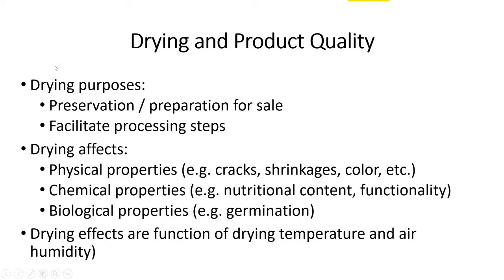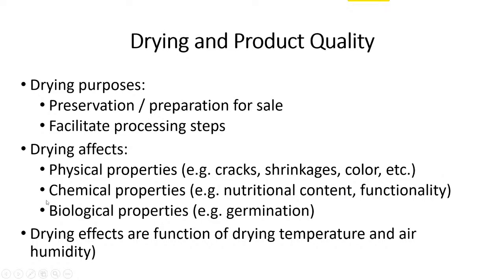From past experience, we know that drying, first, affects the physical properties of the product: cracks, for example in rice grain; shrinkage when we dry fruit slices; and color change, the browning reaction, and so on, which really decrease the quality of the product.